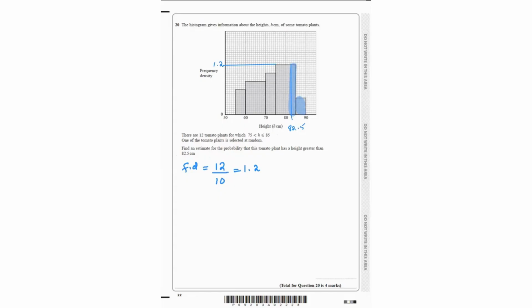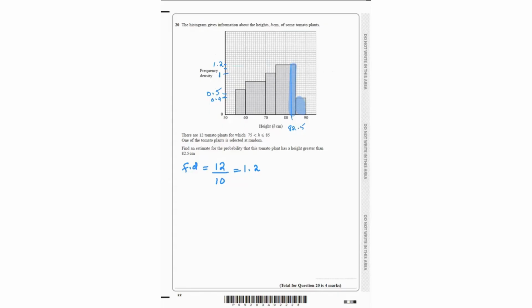If this is 1.2, then we can figure out the height of this bar, the 85 to 91. So 1.2 is this, which means this is 1.1 and this is 1. So this is 0.5. So over here, this is going to be 0.4.